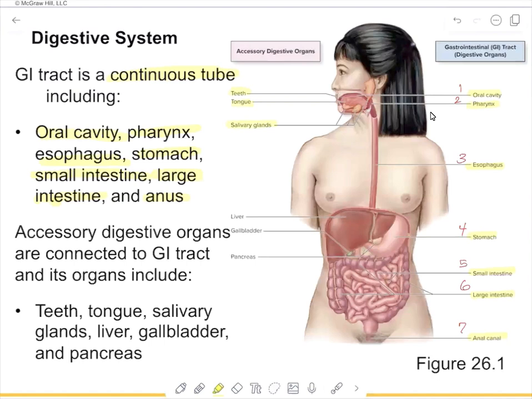In the abdominal cavity, we have the main metabolic organ, which is the liver. Underneath the liver, on the posterior side of it, is the gallbladder. Just posterior to the stomach is the pancreas. So those are our 6 accessory digestive organs, and we'll be talking about what each of those actually do.